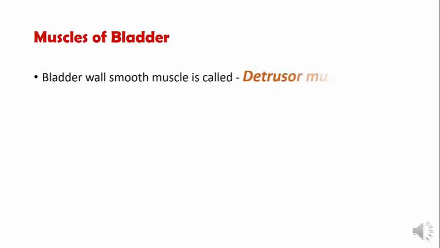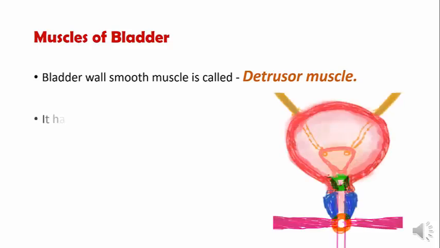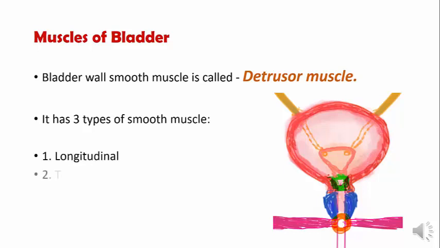Bladder wall smooth muscle is called detrusor muscle, and the smooth muscle is of 3 types: longitudinal, transverse and spiral.